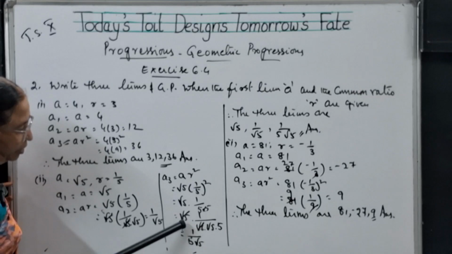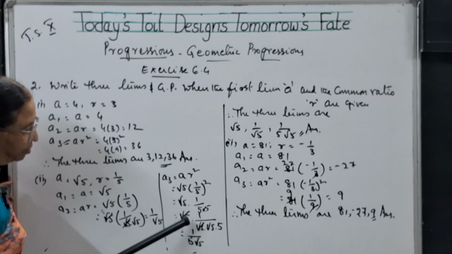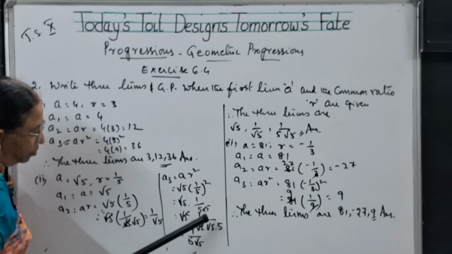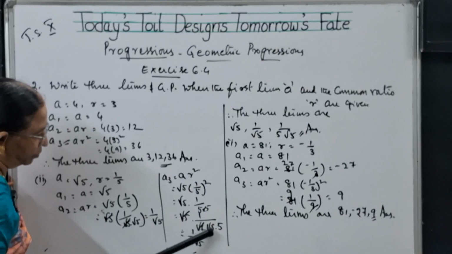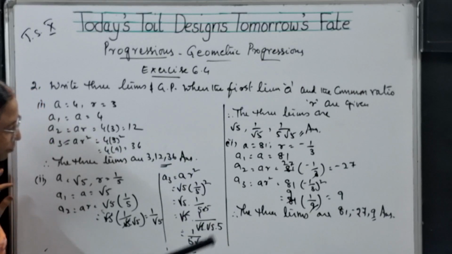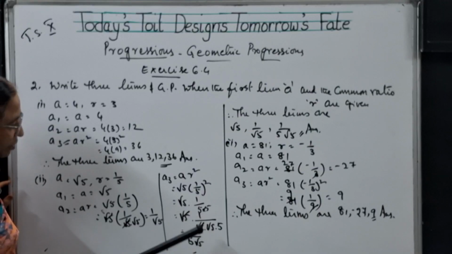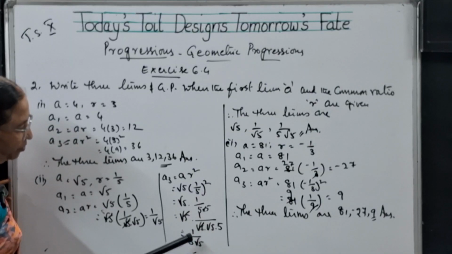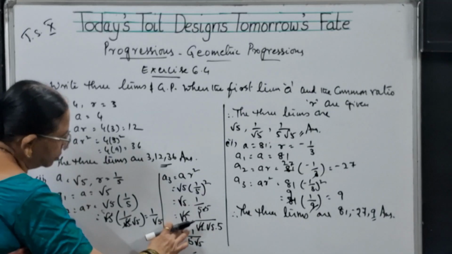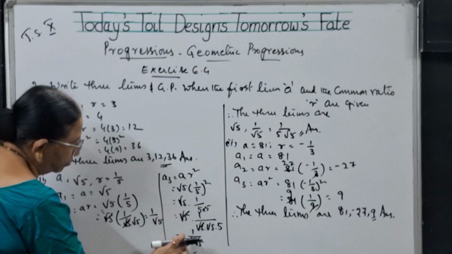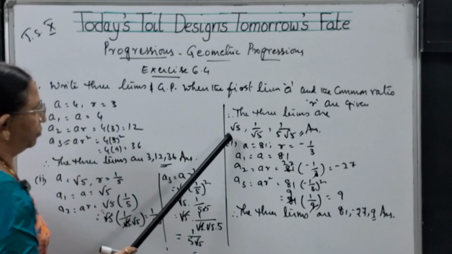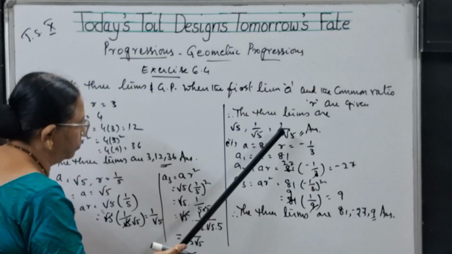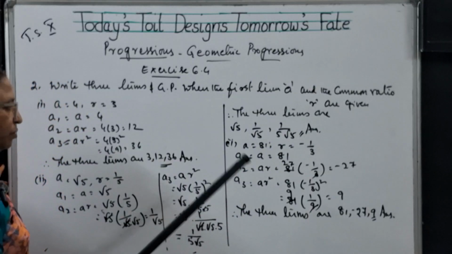Why? Because I want one root 5 here to cancel. So root 5 into 1 by root 5 into root 5, and another 5 as 5 only. So root 5 has got cancelled. So I have got its value as 1 by 5 root 5. So the three terms are root 5, 1 by root 5, 1 by 5 root 5.